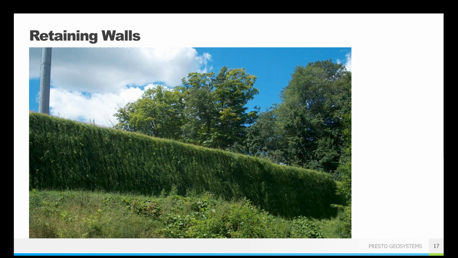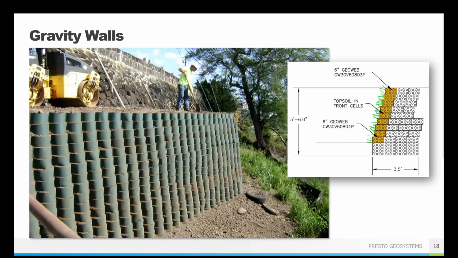So let's talk about retaining walls in a little bit more detail. You can have either a gravity style retaining wall or a reinforced retaining wall. Gravity walls don't require any sort of geosynthetic reinforcement behind the GeoWeb wall face. 8 feet is typically the generally accepted maximum height.